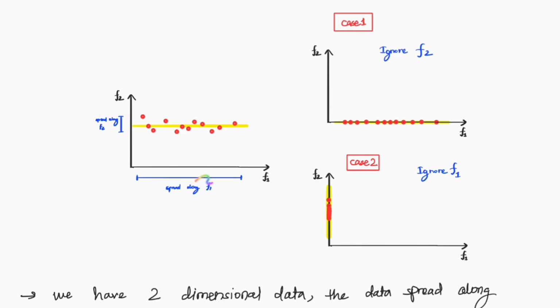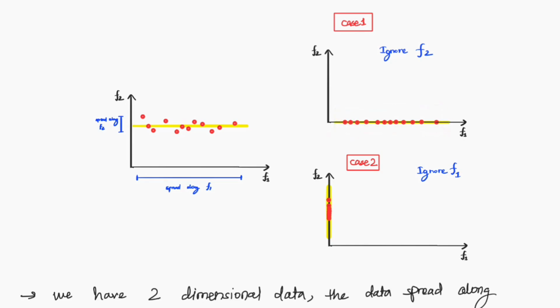What happens when we try to ignore one of the dimensions? In the first case we are ignoring f2, so every data point will now be projected onto f1.